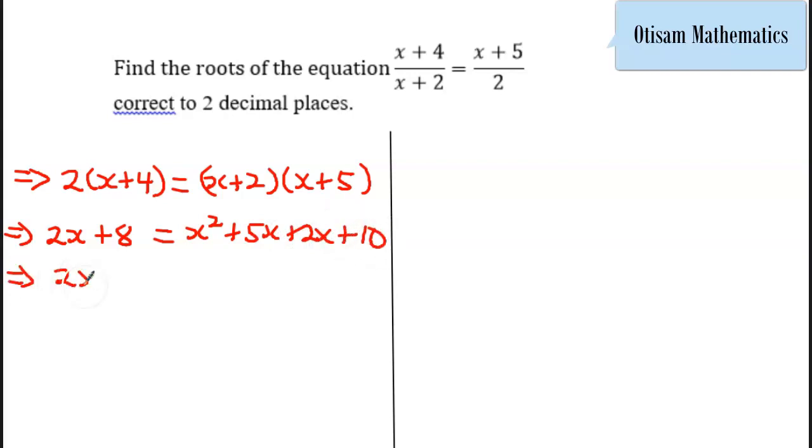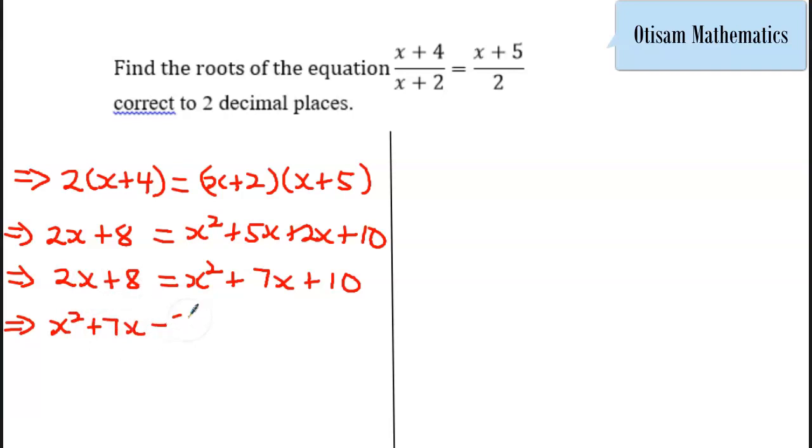So we have 2x plus 8, which is equal to x squared. 5x plus 2x is 7x. So let's move all these to the right hand side. So we are going to have x squared plus 7x minus 2x plus 10 minus 8.